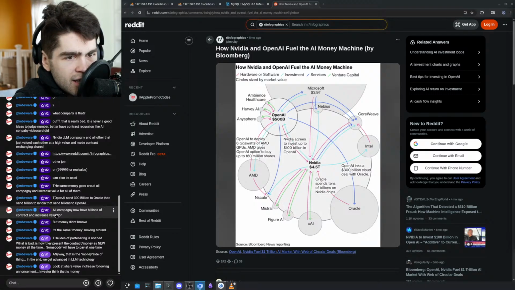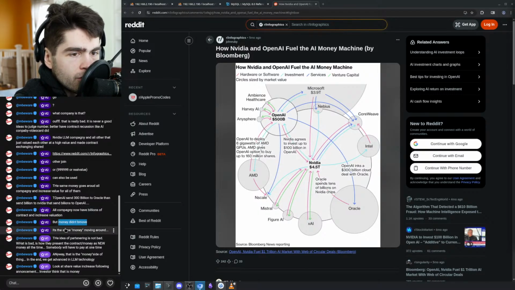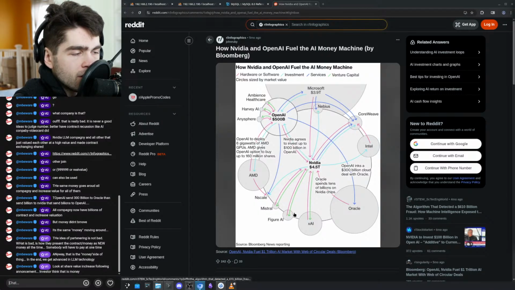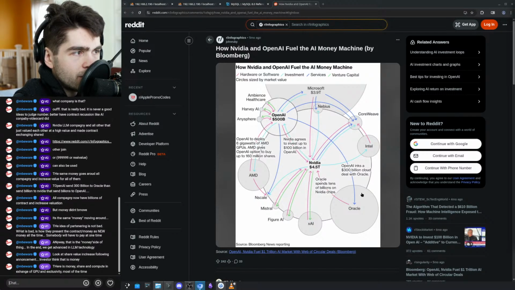All companies now have billions of contract and increased valuation. But money didn't move. Okay, it's the same money moving around. Yeah, I think that's a misconception. I don't think that in reality, there's about no money being transferred.